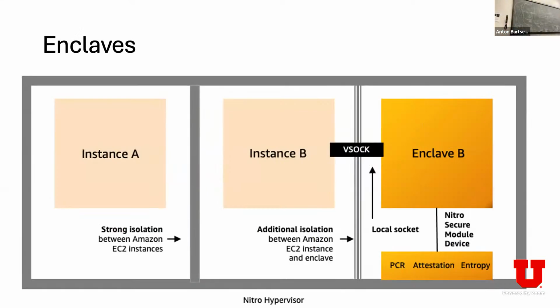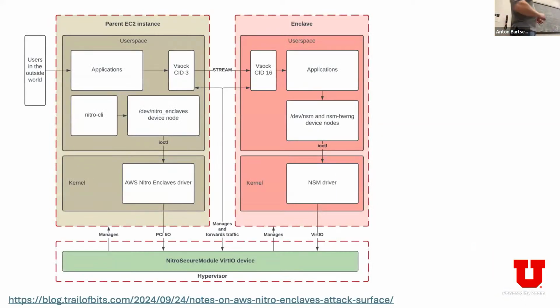So essentially, they say that this instance B creates an enclave, and the only communication is vSocket. Again, the point here is that don't immediately buy into this marketing stuff, and first look at it carefully. There's a company, Trail of Bits, which does some security research. I actually don't know what the company is doing, but they wrote a blog post in which they discuss the possibility of attacking those enclaves.